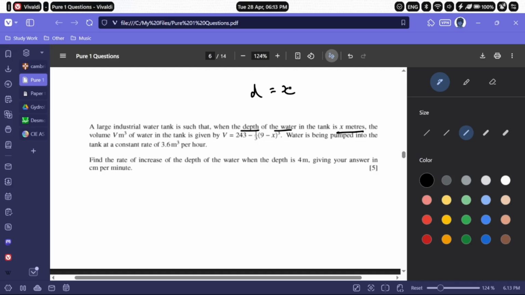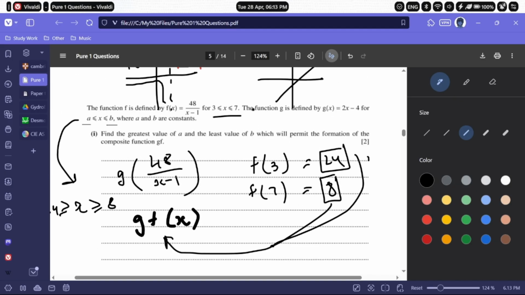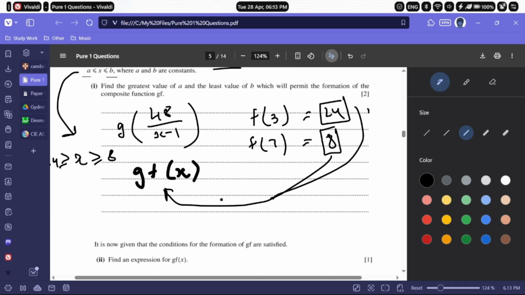Wait, hold on, let me go back. Let me just explain it to you again. The range of f of x would be the domain for g of x, if you're forming the composite function gf of x.